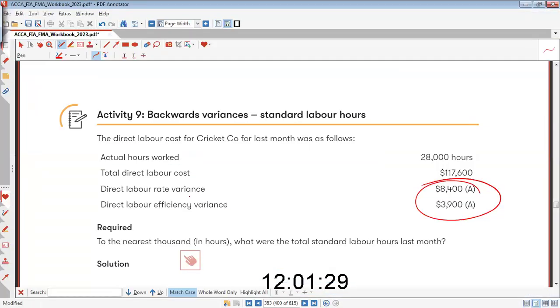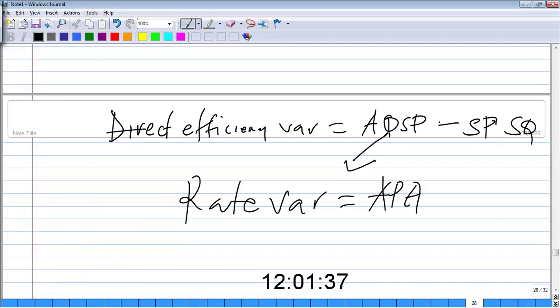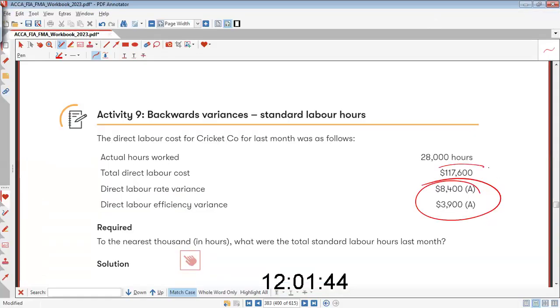They still gave us the rate variance. The rate variance is equal to AP, AQ minus AQ, SP. For the rate variance, at least we have 117,600.